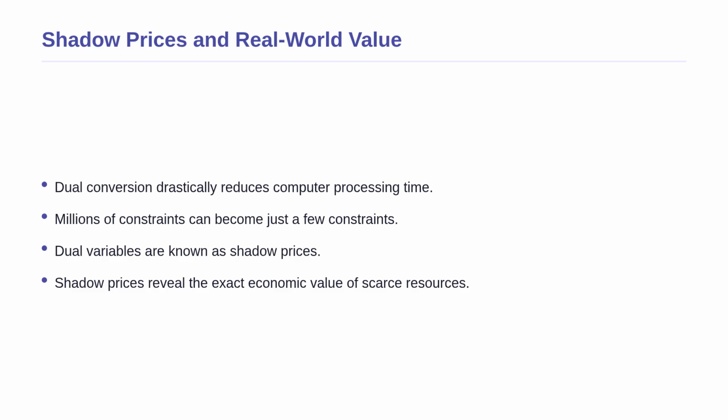By converting it to the dual problem, the millions of constraints become variables, and the number of constraints drops to just a few, allowing computers to solve it much faster. Furthermore, the dual variables have immense economic value. They are often called shadow prices. A shadow price tells a business exactly how much their total profit would increase if they could get one more unit of a scarce resource.